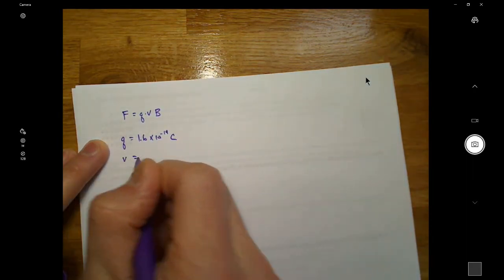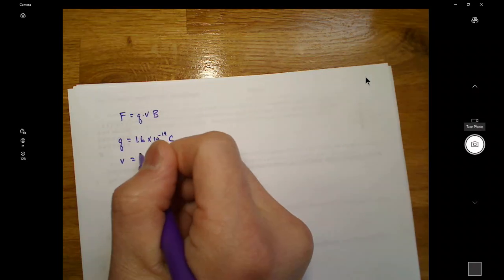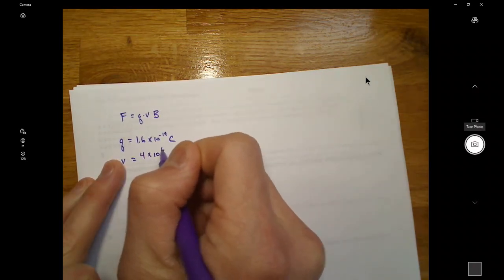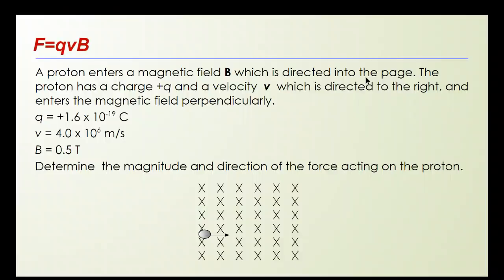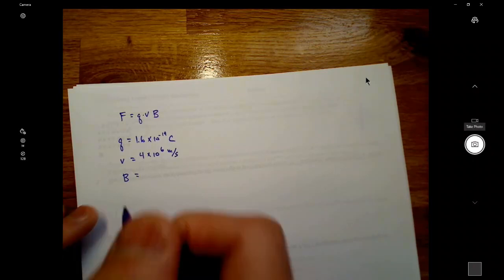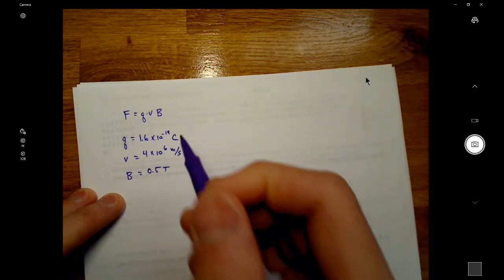The velocity of this moving proton is equal to 4 times 10 to the 6th meters per second. And it encounters a magnetic field equal to 0.5 Teslas. So there's the setup of the problem.